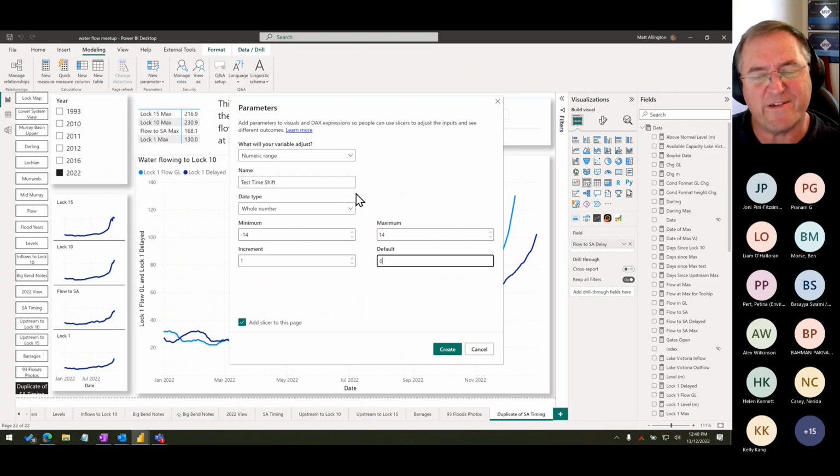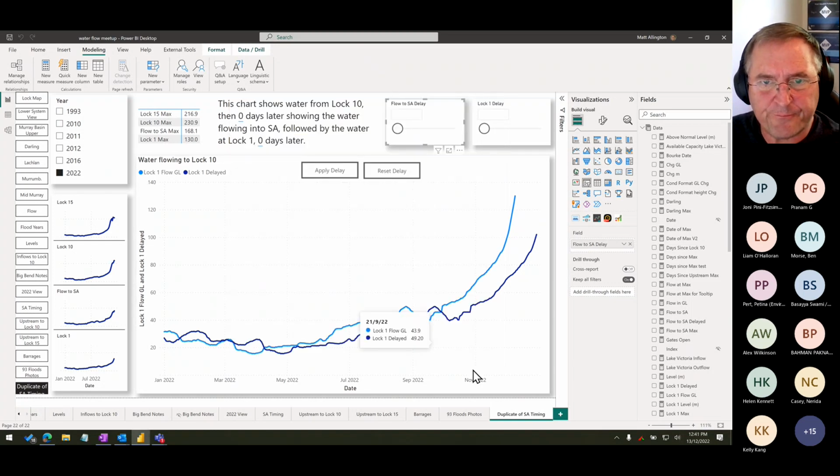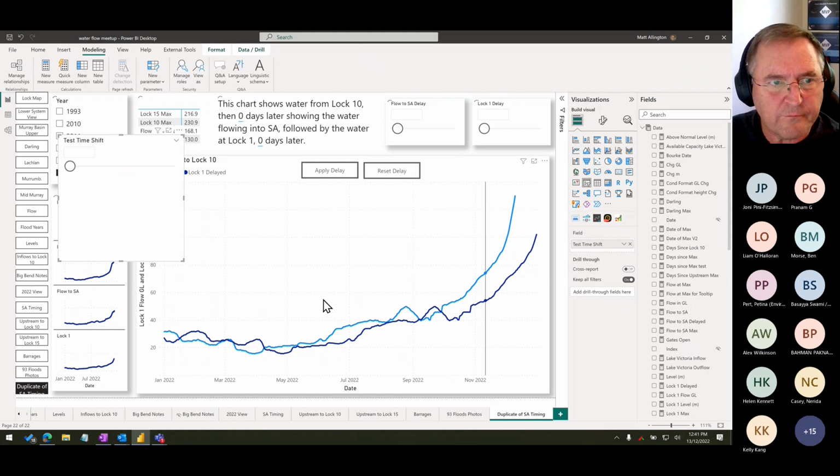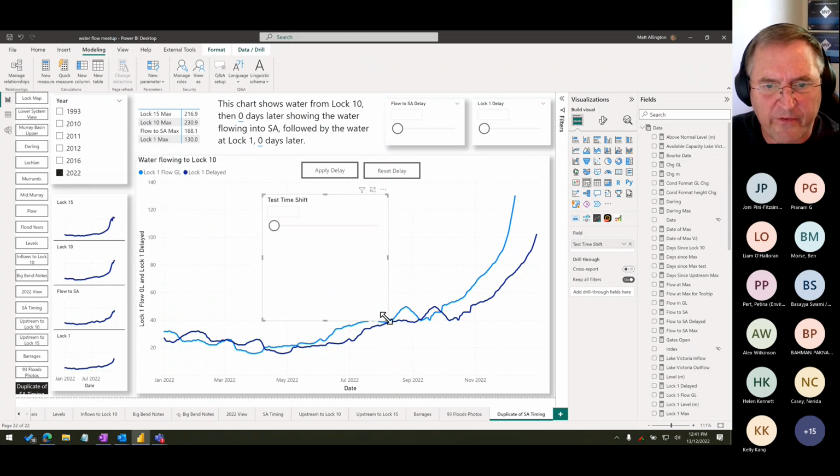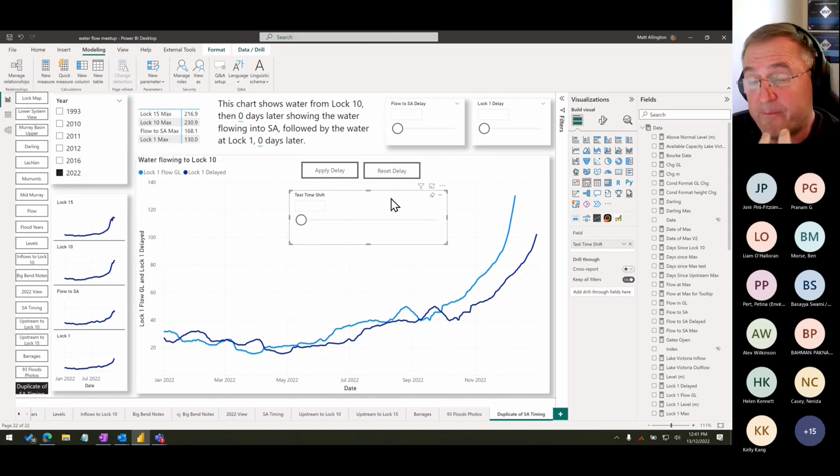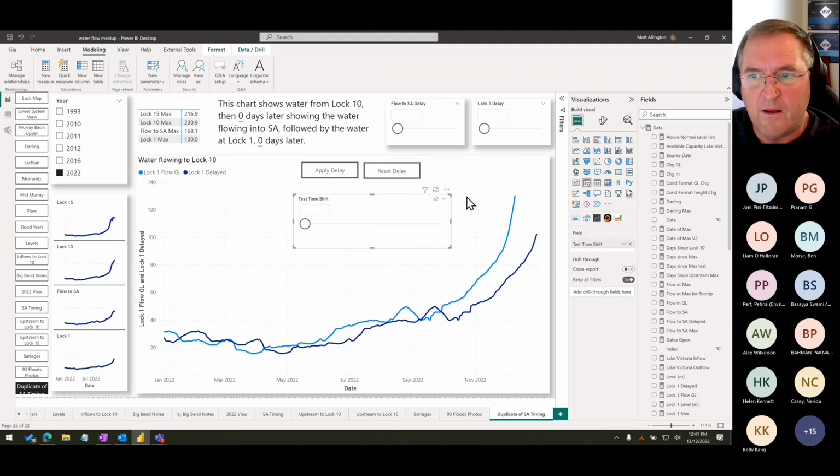So this is a wizard to help me complete the step that I'm about to complete. So I'll create that parameter. And what happens is I get basically a slicer. It is exactly a slicer, in fact. But I'll show you what's being generated.